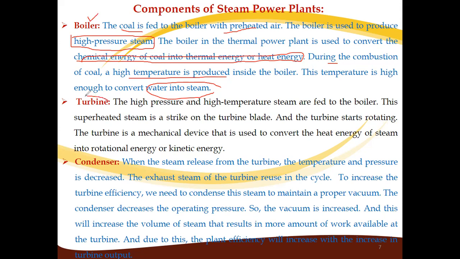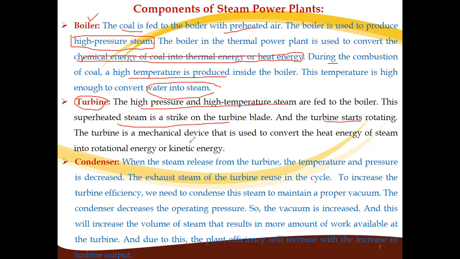Now the second part is the turbine. The high pressure, high temperature steam, which is superheated steam, is fed from the boiler and strikes the turbine blades, and the turbine starts rotating.